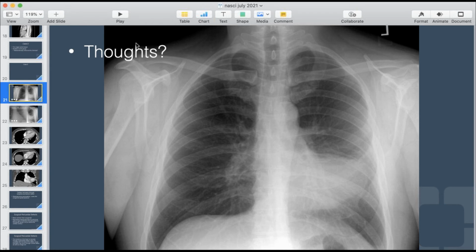All right. Let me share my screen. I have a bunch of cases, but I don't think we have time for all of them. So let me select a couple.